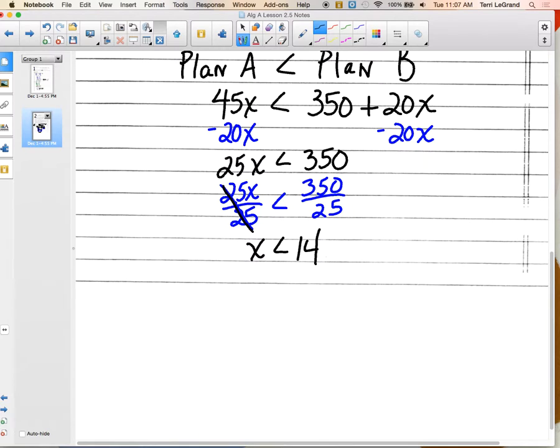When would Plan A be less than Plan B? When would it be worthwhile for you to not go with Plan B, pay that $350 and $20 a day? Cody? If you plan to go 13 days skiing or less. Yeah. So let's write that out.